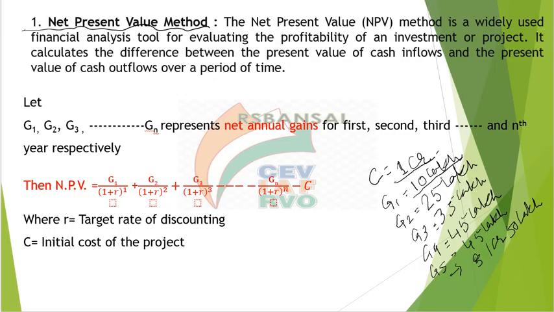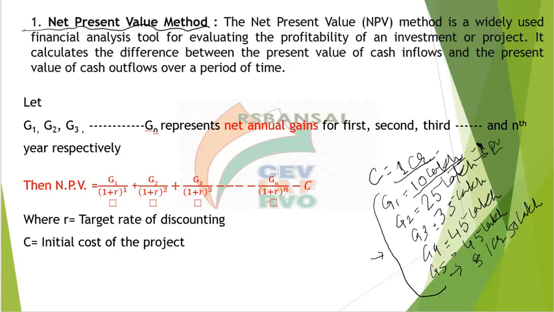So what we do, we find the present value of all these future cash flows. How can we do it? This is at the end of the first year, so we will multiply this 10 lakh with the present value factor.